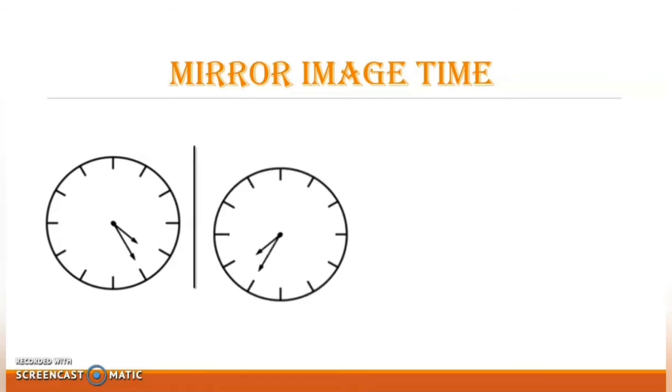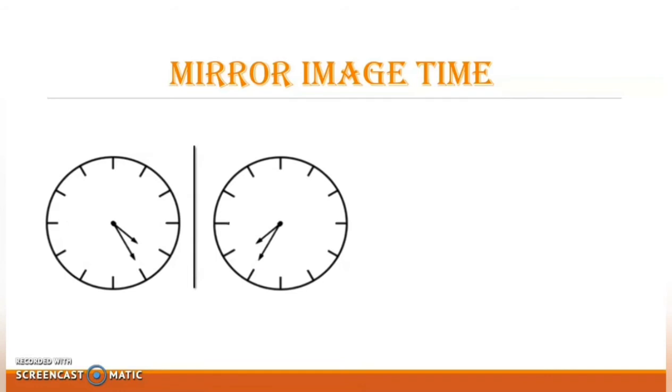Next, look at mirror image time. Suppose I am given a clock and a mirror is placed in front of it. Therefore, I'll get an image here. Now I want to know what time is shown by this clock in the mirror.